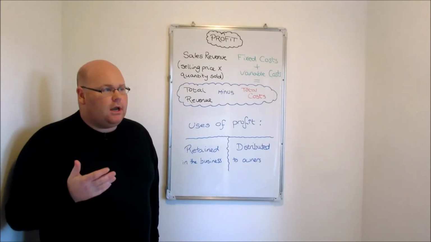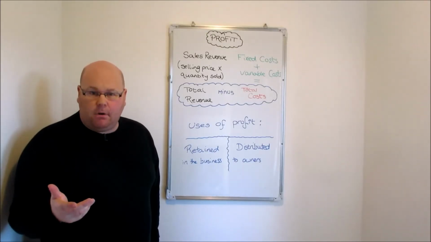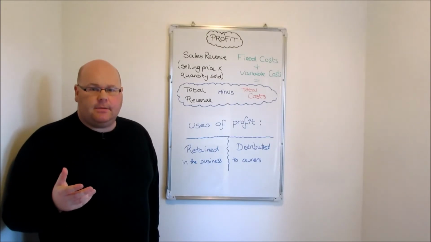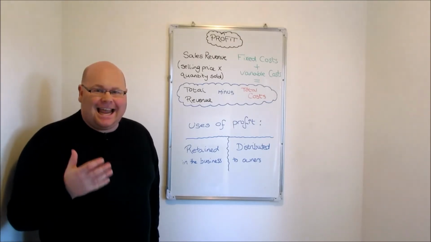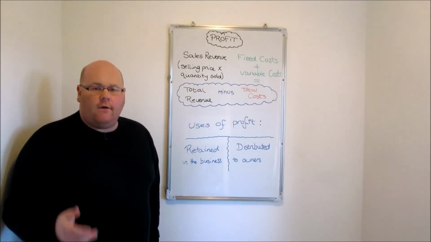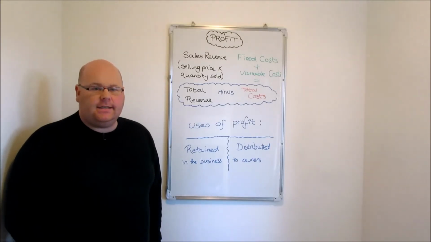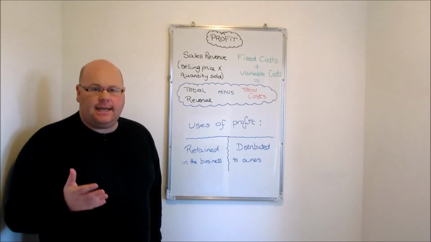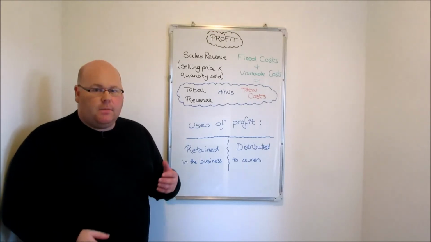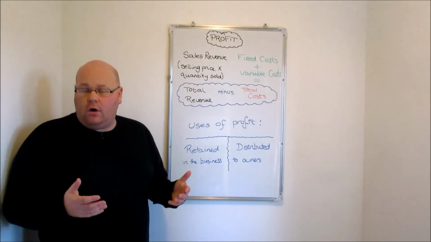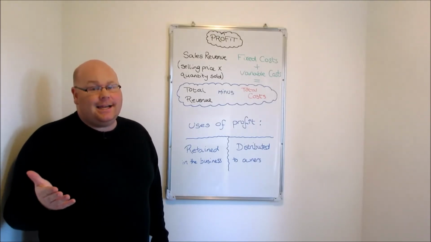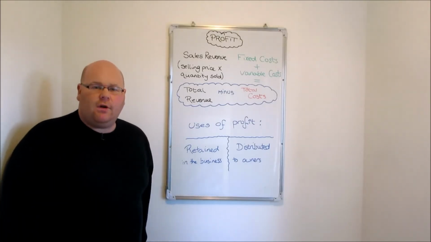And rather than rely on sources of finance such as borrowing, a decision has been made to use some of the business's own profits as an internal method of raising some funds in order to fund expansion. So you might decide that retaining some of the profits in the organization might help to grow the business and potentially make next year's profits even more attractive.